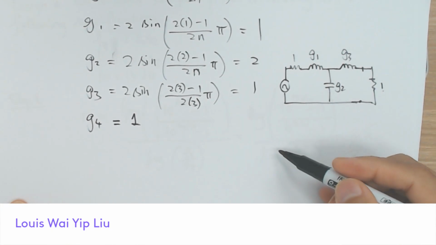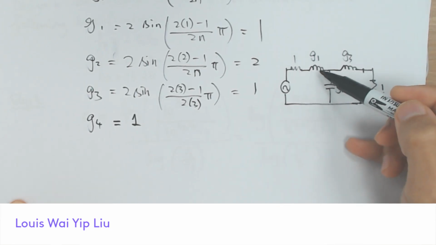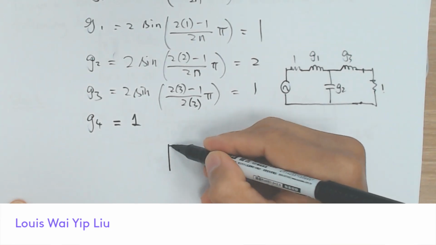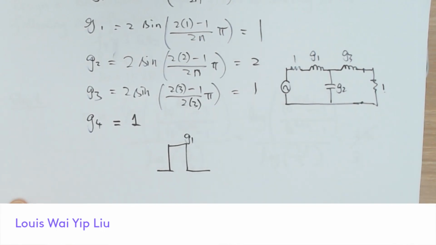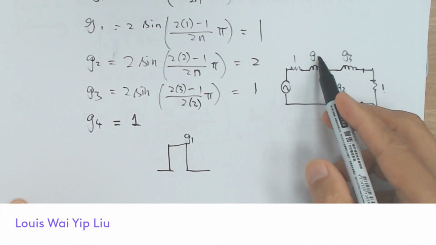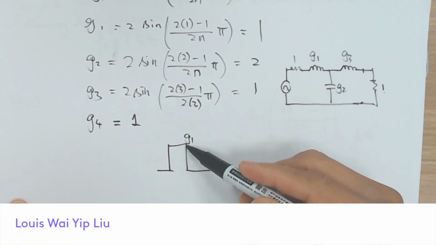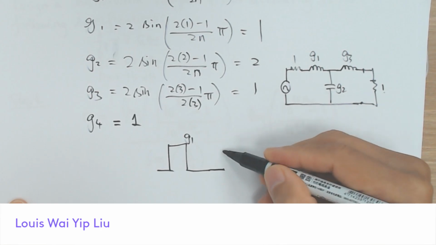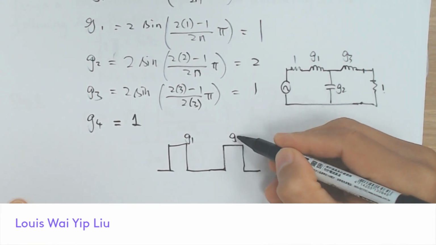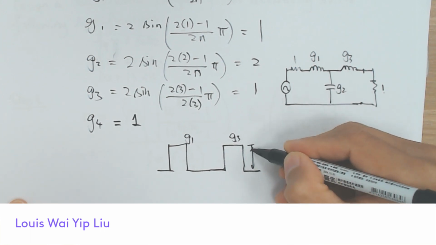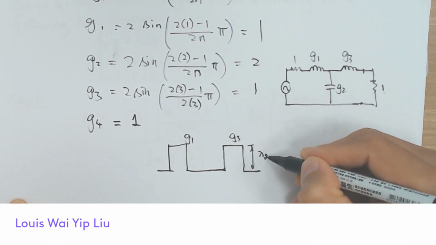What we can do is replace all the inductors with open circuit stubs. For g1, the characteristic impedance is g1. For g3, the characteristic impedance is g3. The length of each of the stubs is lambda g divided by 8.